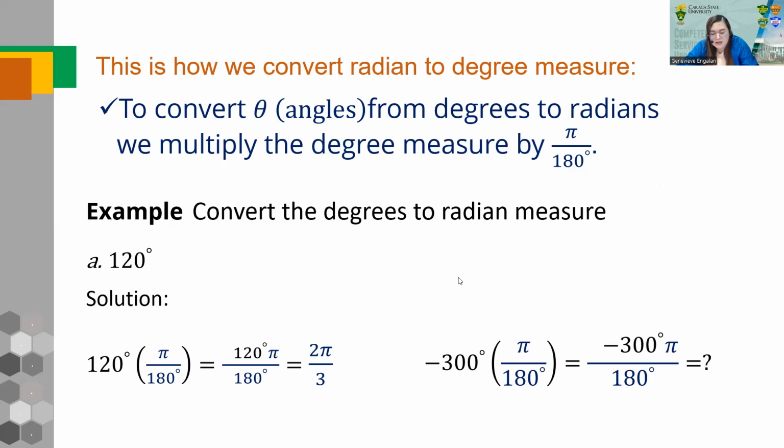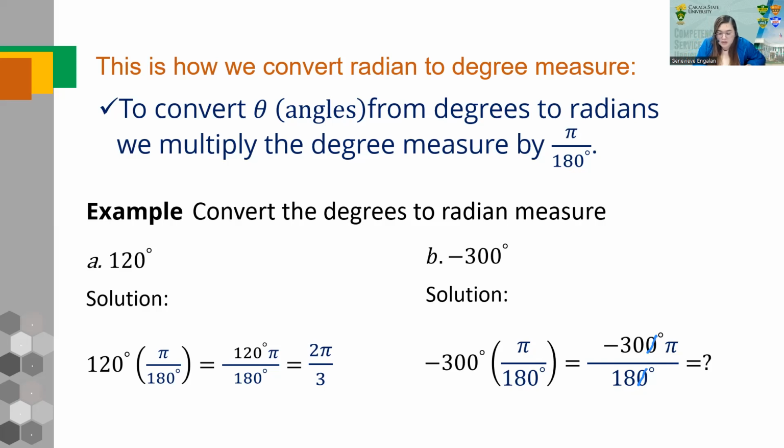The same here, if you will convert negative 300 degrees, so you will have negative 300 pi over 180. We can cancel the zeros, so we have 30 over 18. In lowest terms, what is it?